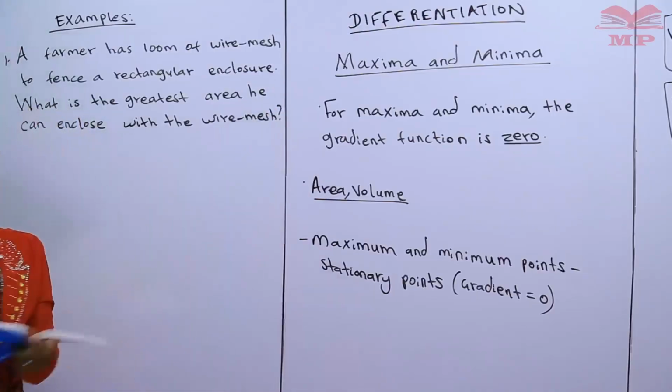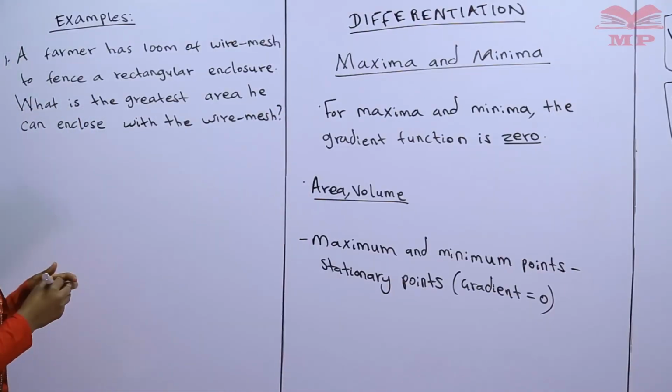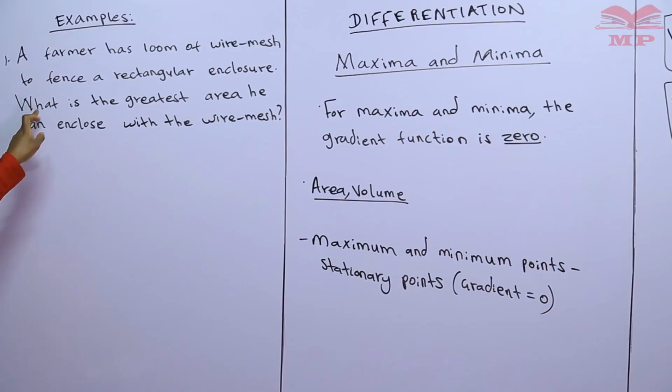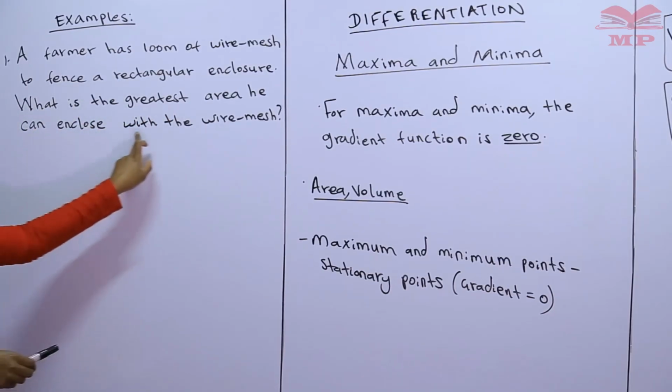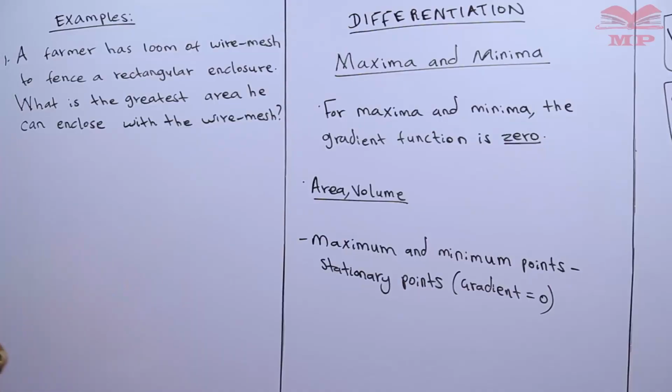So that's the question. Maximum area. A farmer has 100 meters of wire mesh to fence a rectangular enclosure. What is the greatest area he can enclose with the wire mesh?